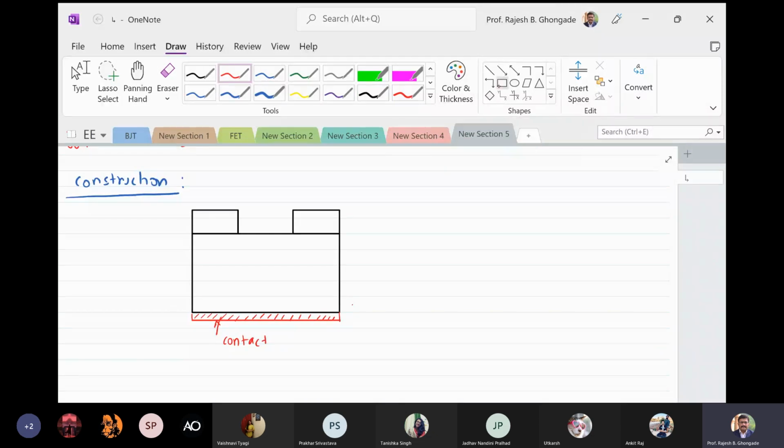But before that, we have this is the P-type material.